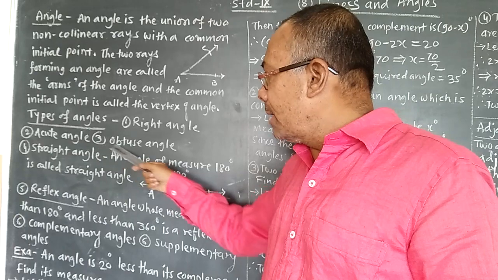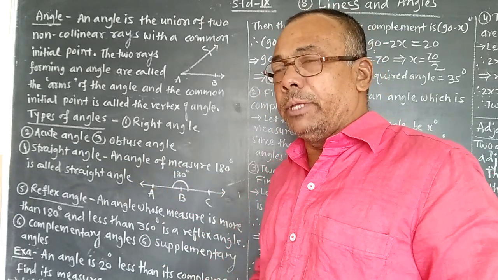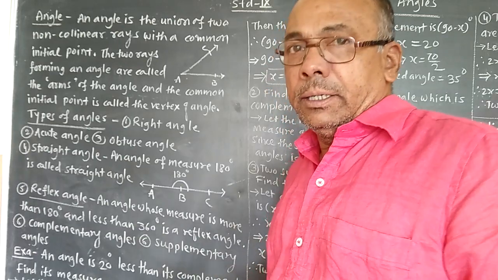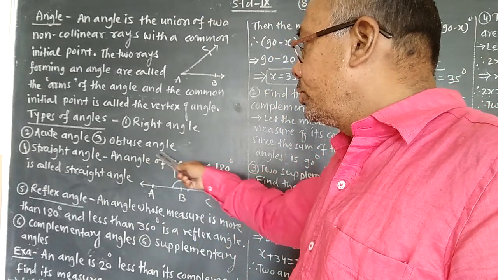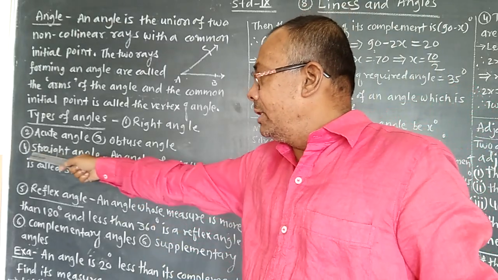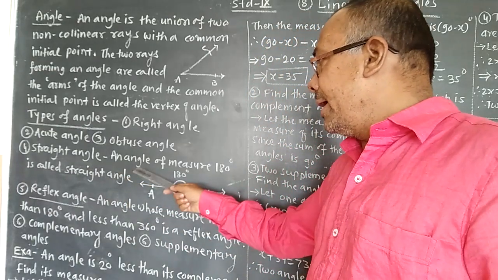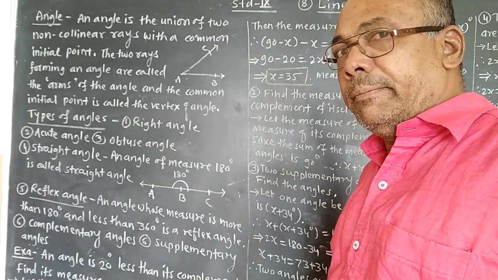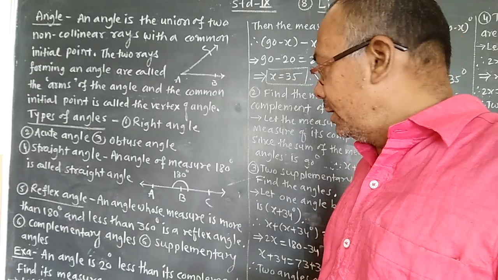The third type is obtuse angle. If the measure of the angle is greater than 90 degrees, then it is called an obtuse angle. There is one more type of angle, known as a straight angle. An angle of measure 180 degrees is called a straight angle.